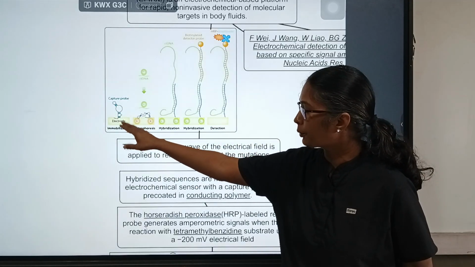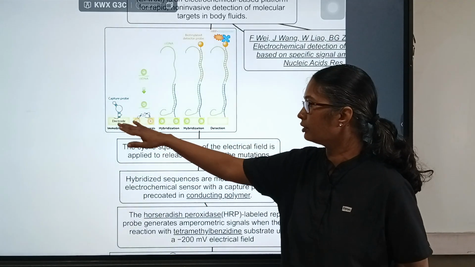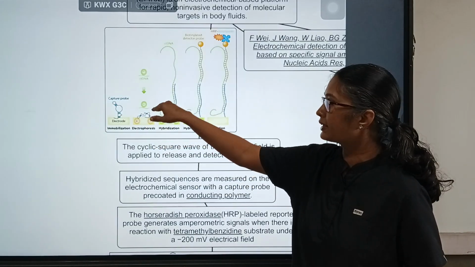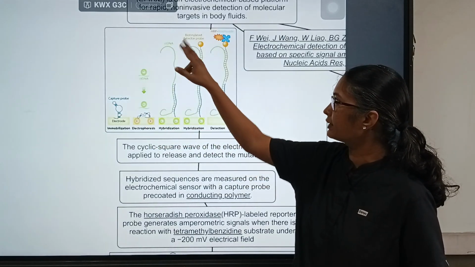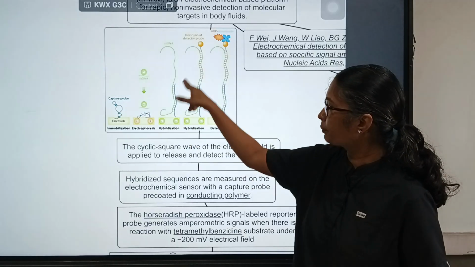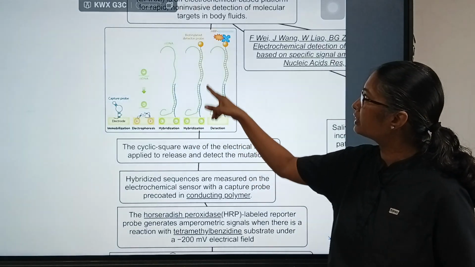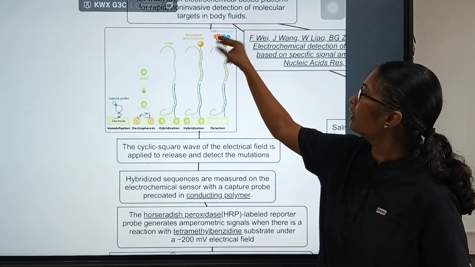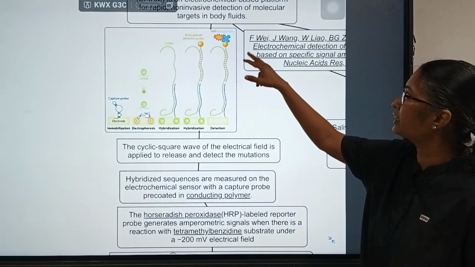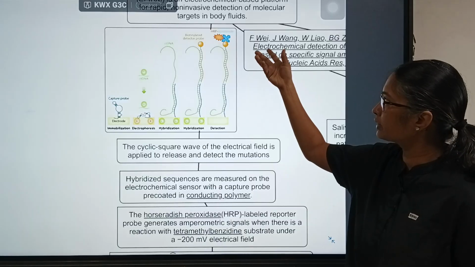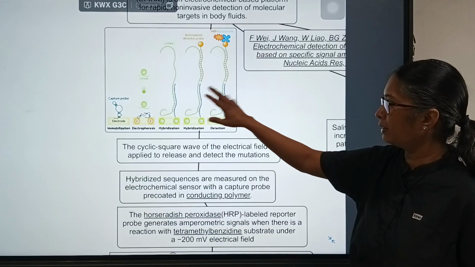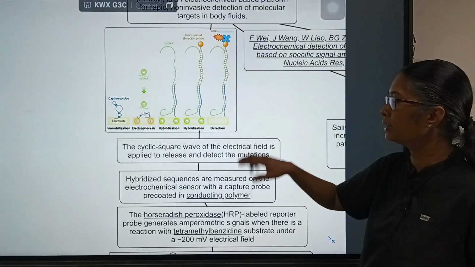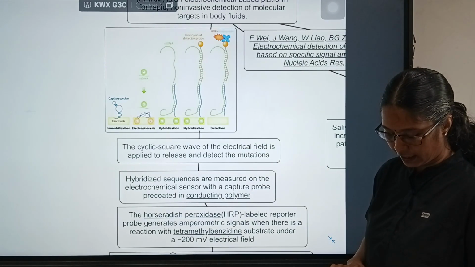The capture probe is coated to the electrode, and then when an electric field is applied, the sample is added and the sample's DNA is linked to the capture probe, which is then detected by the detector probe. The detector probe then uses the horseradish peroxidase and streptavidin, and it shows that the sample has that particular circulating tumor DNA. So this is how EFIRM is used.